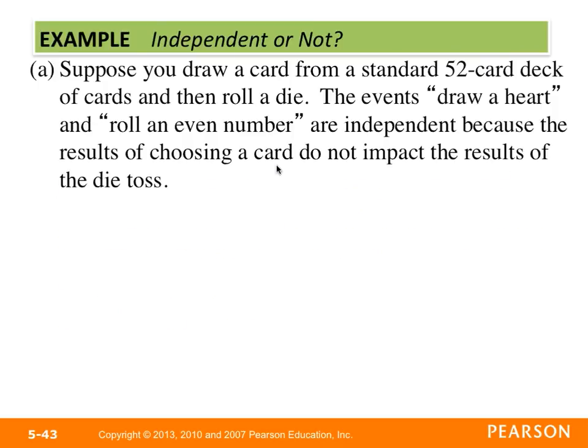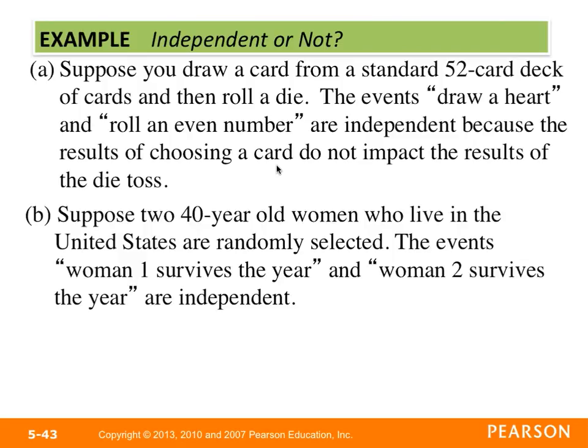So let's suppose you draw a card from a standard 52 card deck and you also roll a die. The events "draw a heart" and "roll an even number" are independent because the results of choosing a card have absolutely no impact on the results of the die toss. So let's suppose that two 40-year-old women who live in the US are randomly selected.